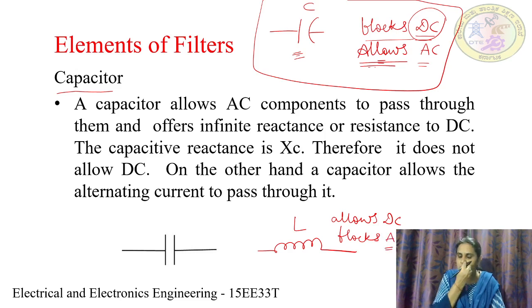Whereas the capacitance allows AC, blocks DC. It is exactly opposite to that of an inductor. If you remember one, you will be able to do the other also. So these are the two common elements which we use as filter components. We may use them individually or in combination of both, or sometimes with a resistor for a certain voltage drop.